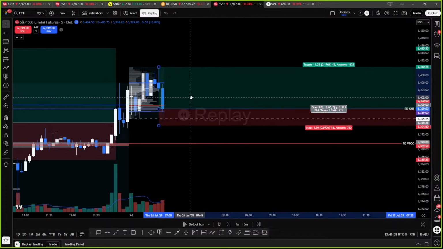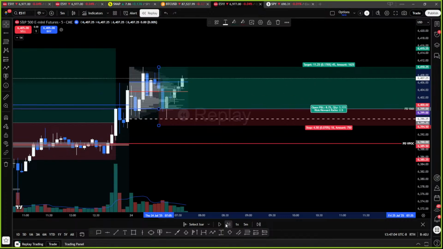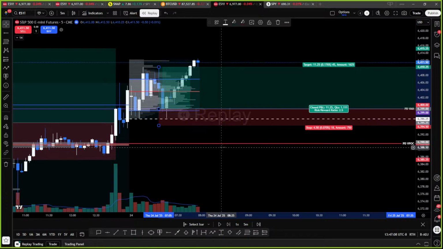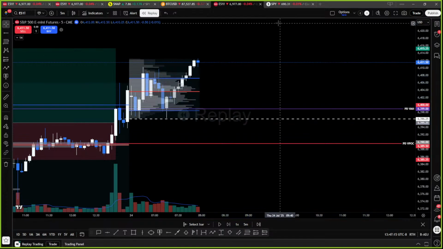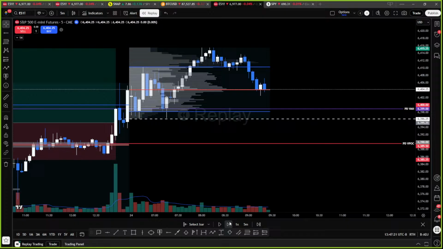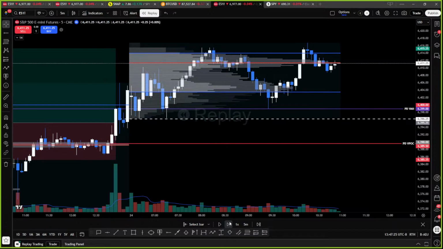So this is my entry, stop loss, take profit, and then you run it and it would have worked. But that's not what we're doing. I've never not had this work though. This is weird. Where's the end of the day?